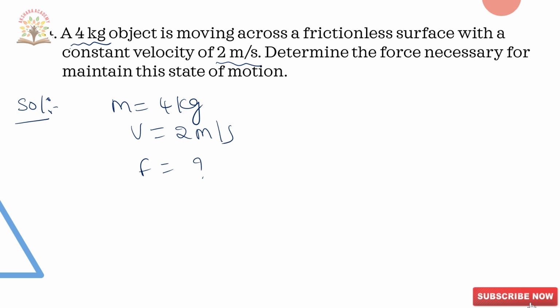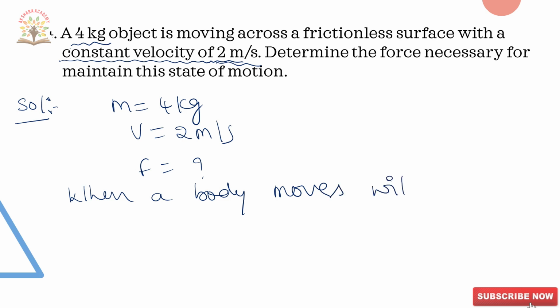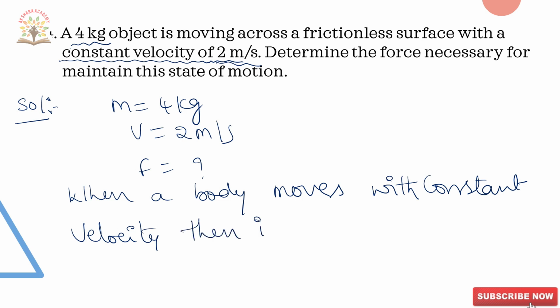Here in the question they said a frictionless surface with a constant velocity of 2 meters per second. When a body is moving with a constant velocity, then its acceleration is 0.